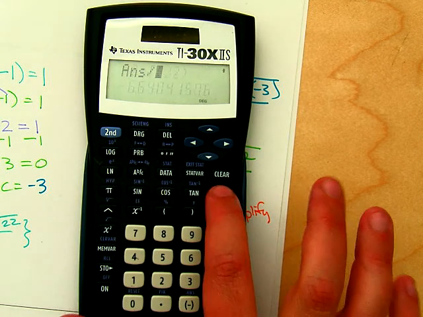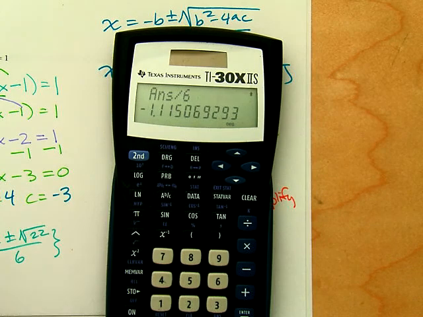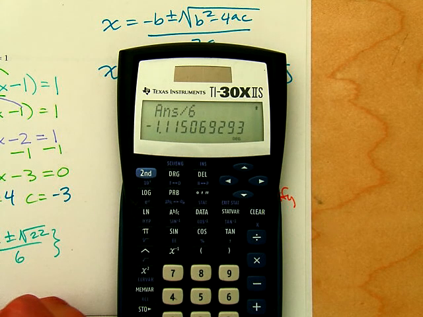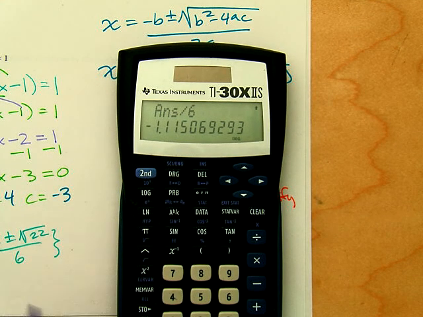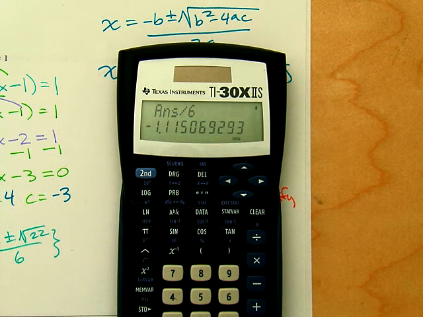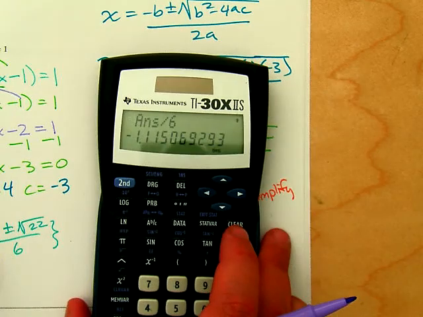If I go enter and then divide by 6, that one right there with the negative is approximately negative 1.1. If I plug that in, it's not going to give me the exact right answer, right? I would have to plug it in using ANS, because this decimal goes on for infinity, I'll use the ANS button.